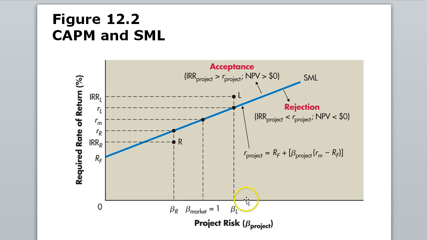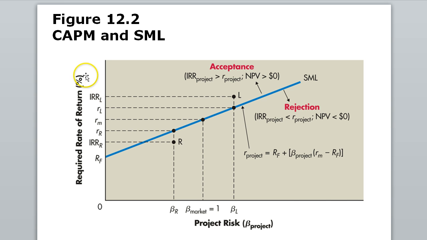As the beta increases, the return needs to increase. For the beta of L, the return is going to be higher than the SML. So anything below the SML line is a reject, with a net present value less than 0. Anything above the SML line is an accept, with a net present value above 0.